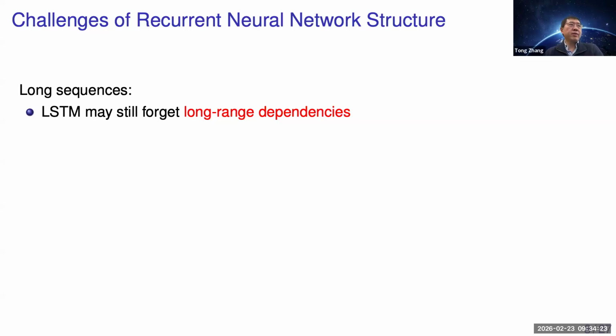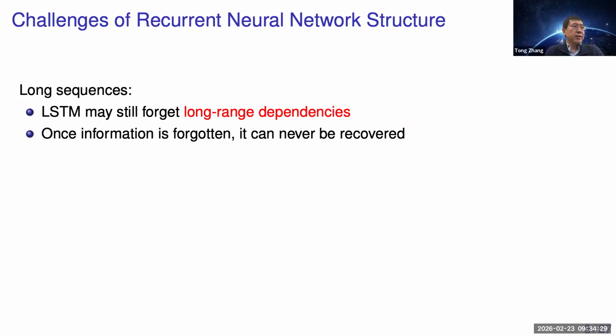If you compress something, something gets forgotten, no matter what you do. The problem is that once this information is forgotten, because it always produces a compressed state, it can never be recovered.